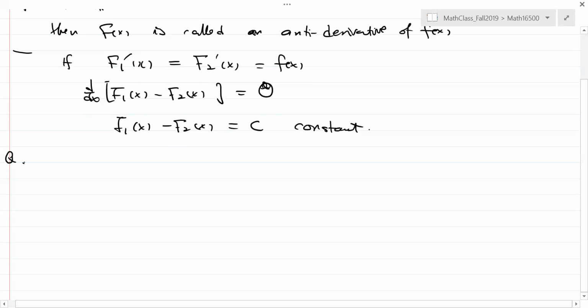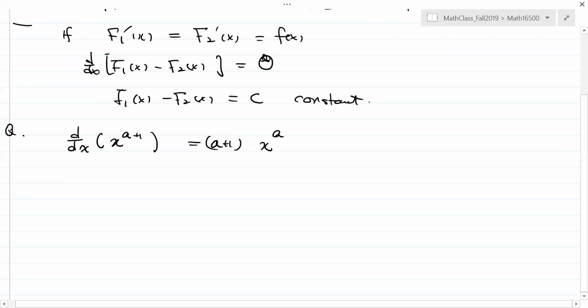Let's look at the following problem. We know that the derivative of x to the a plus 1, when you differentiate this, is going to be a plus 1 times x to the a plus 1 minus 1, just a. So let's assume that a plus 1 is not 0.